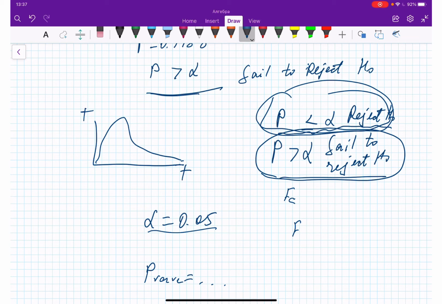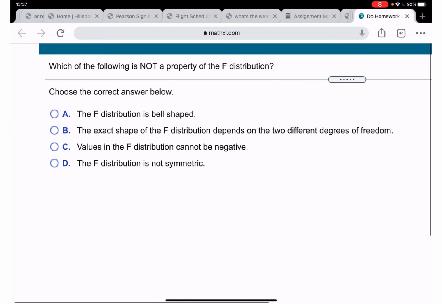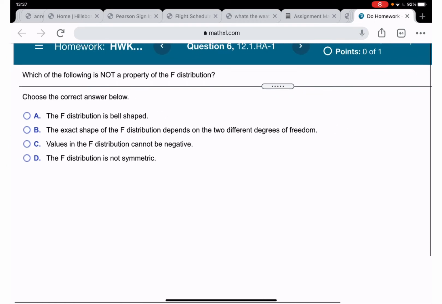And why is it solely in the positive quadrant? Because the F statistic, as whoever watched the video knows, is MS between over MS within. I'm going to write down the formula so it's better seen: SS between and SS within, and because those are squared, it's only positive, right? So its value in the F distribution cannot be negative.